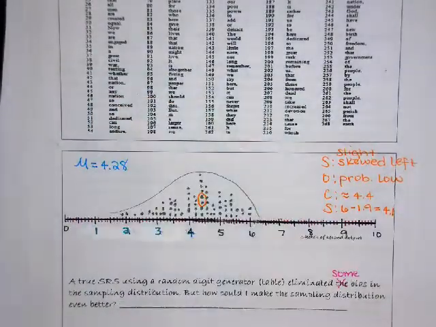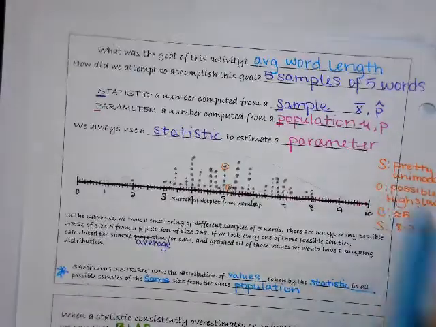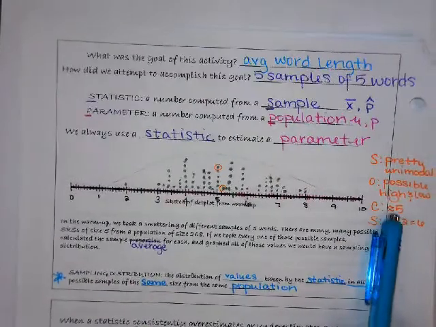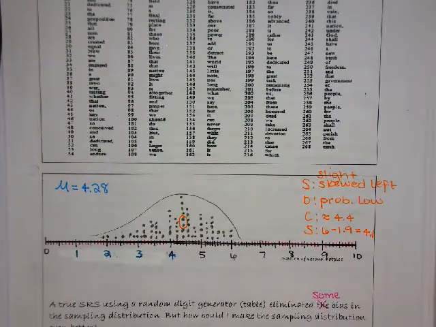So when you guys got to pick the words, our center was around 5. When we did a true SRS, we got closer to the actual true mean. So the bias that got eliminated was that we didn't overestimate.